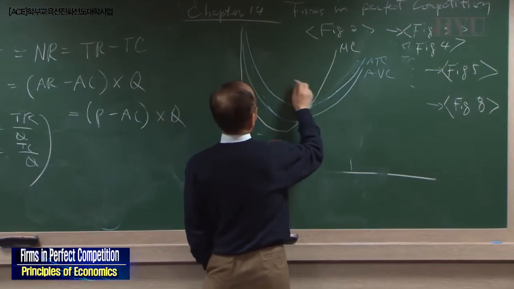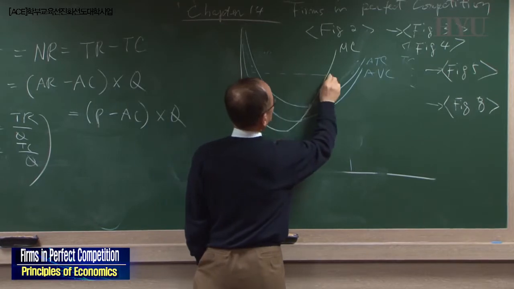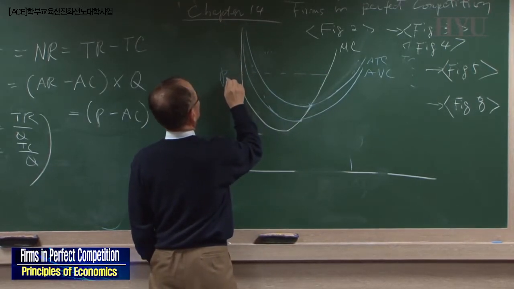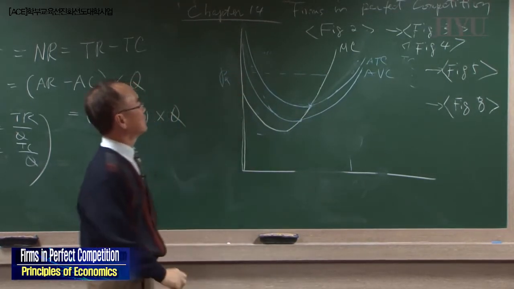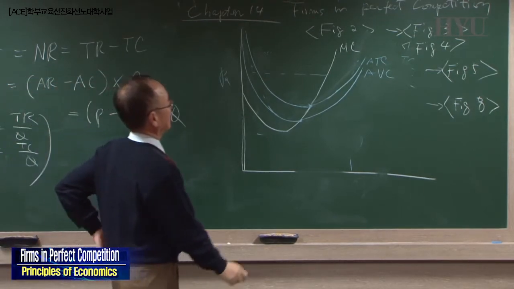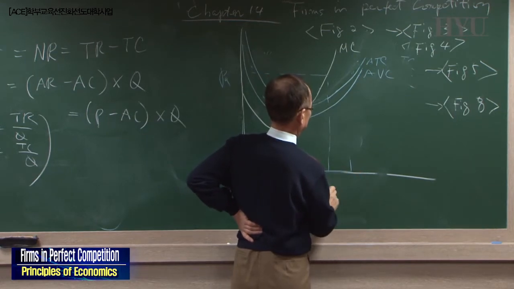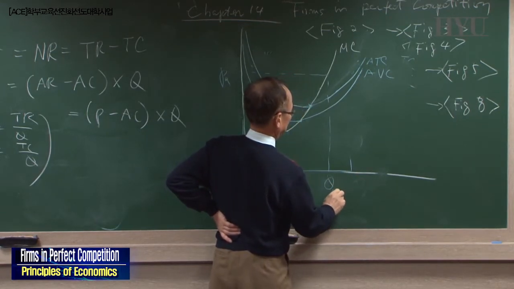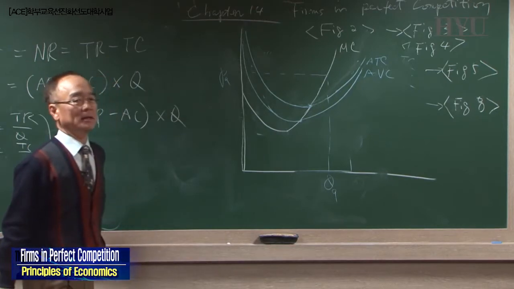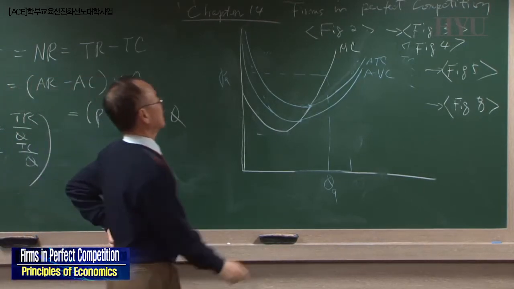What if P is, let's say, PA? So what is the optimum? Optimum will be QA, right?